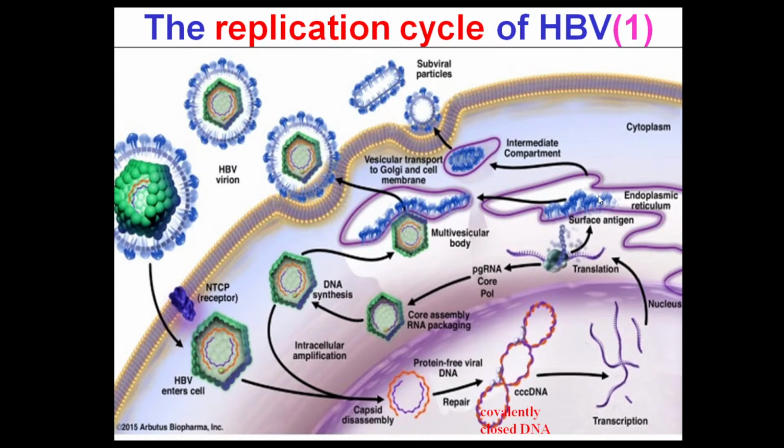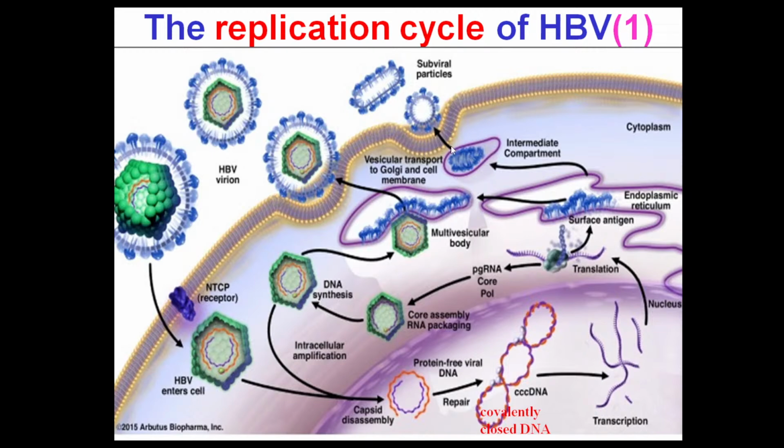But by the way, can you see here that overproduction of surface antigen makes possible the forming of these intermediate circular or filamentous hepatitis B surface antigen particles.